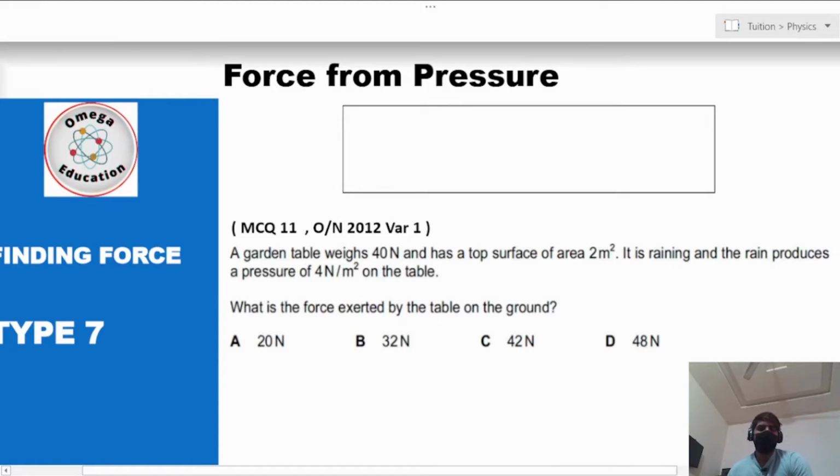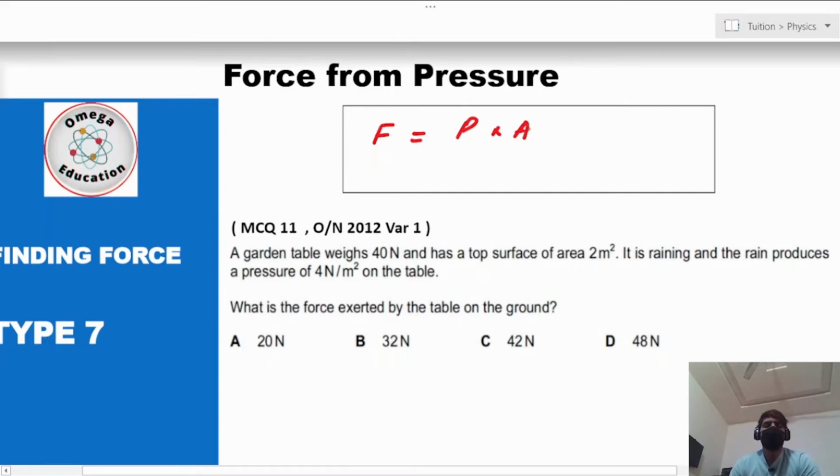Alright, the next type is pretty much the extension of the same type, or these two are pretty much similar. You're given the pressure and you need to find the force. So in that case, the formula that you use is force equals pressure times area.